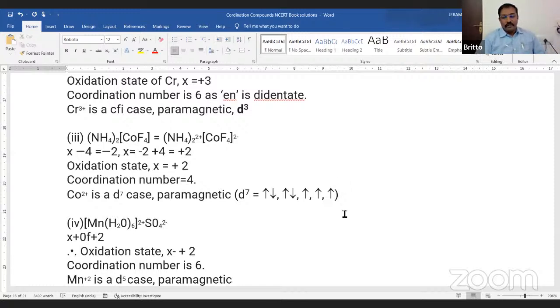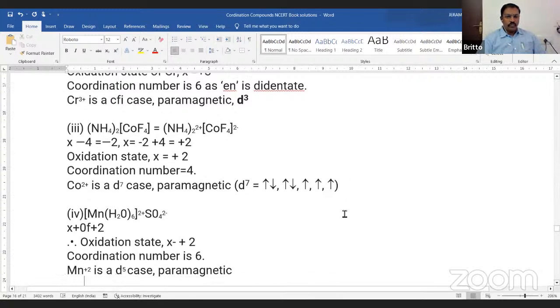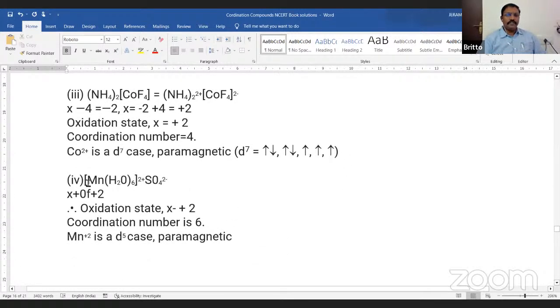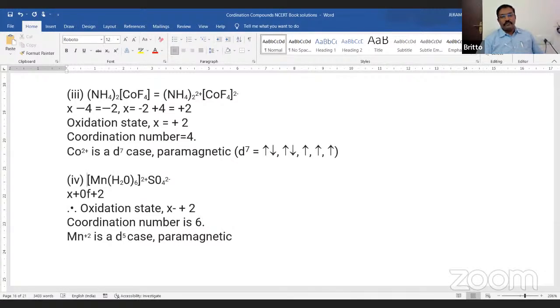Okay, now the next complex they have given is [Mn(H2O)6]SO4. Here the aqua ligand is water, and it is a neutral ligand.